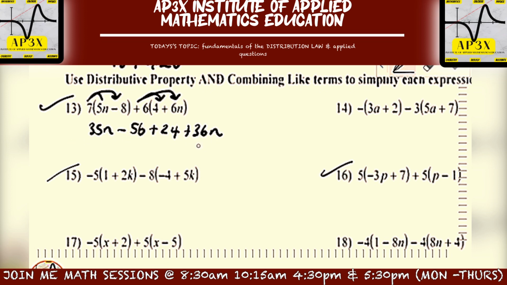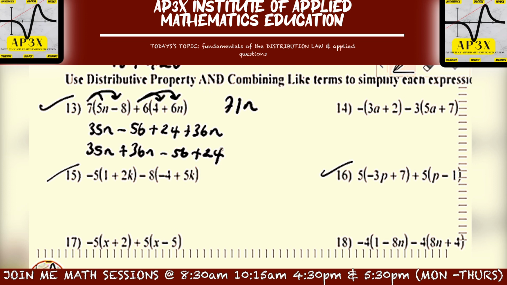At the end of the day, the answer will have 2 terms that are not compatible for addition or subtraction. So I'm going to start off traditionally with grouping the variables. 35n plus 36n, minus 56 plus 24. If we add 35 and 36, we end up with 71, so that's 71n, and minus 56 plus 24.